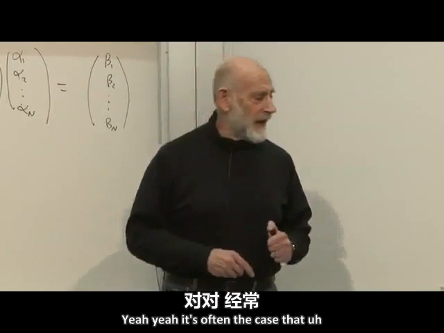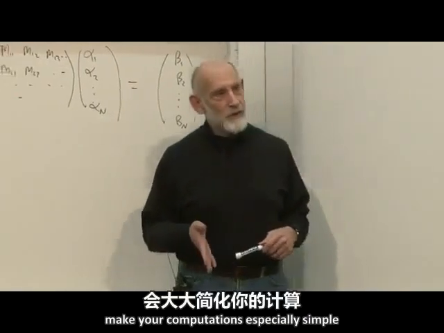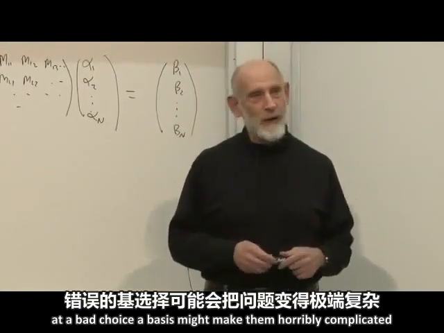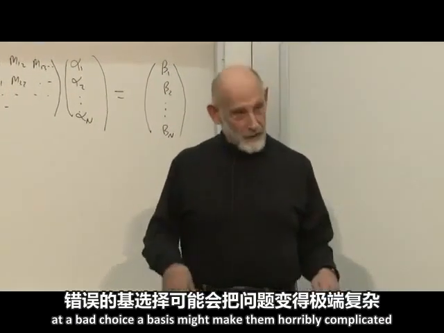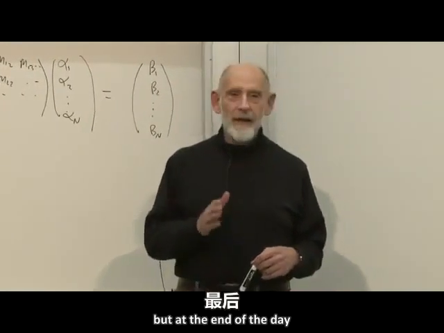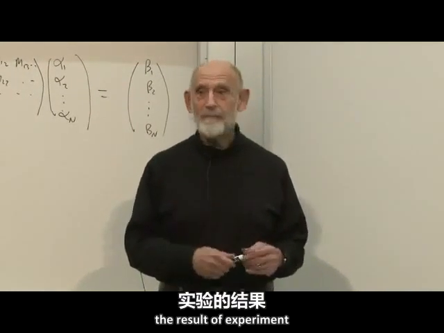Yeah, it's often the case that a convenient choice of basis will make your computations especially simple. And a bad choice of basis might make them horribly complicated. That's true, but at the end of the day, the result of an experiment should not depend on it.